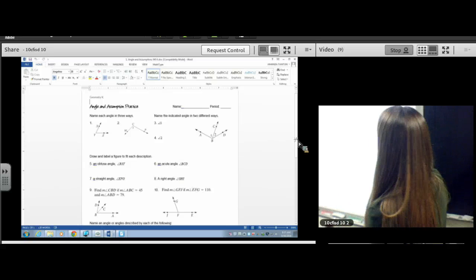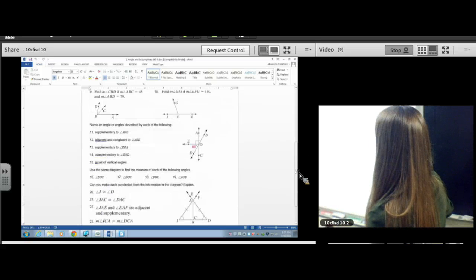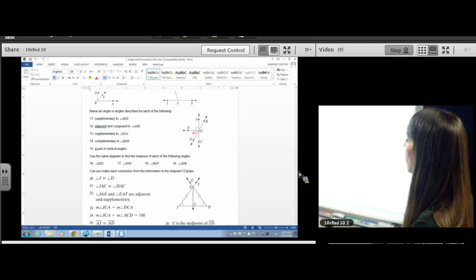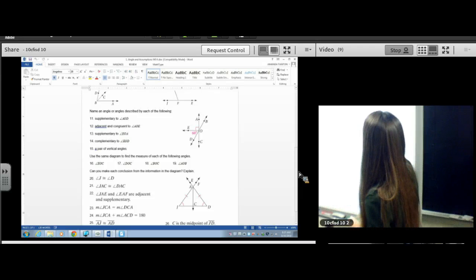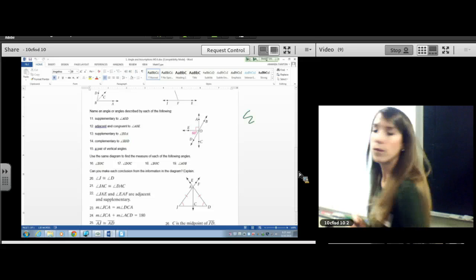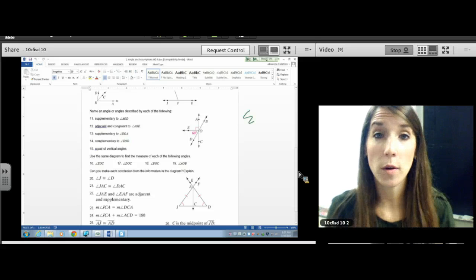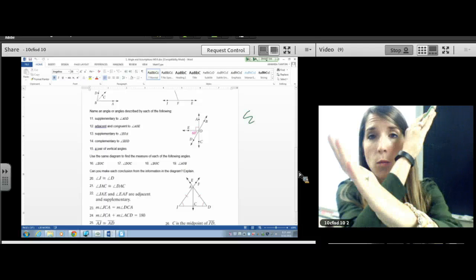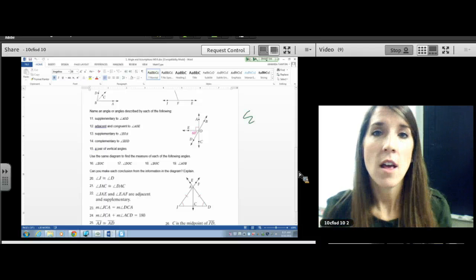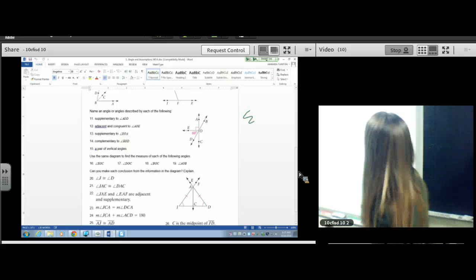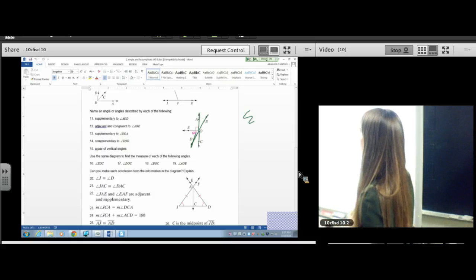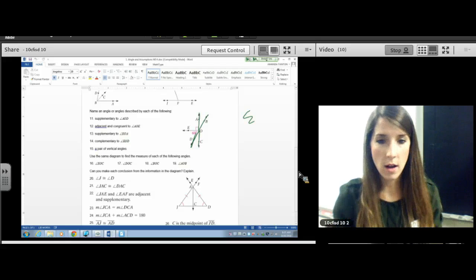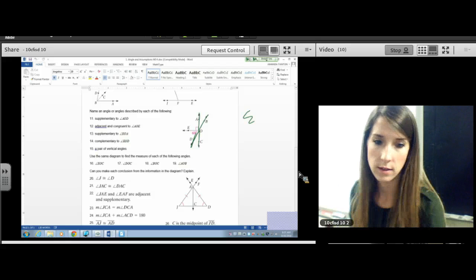Number 15, name a pair of vertical angles. So remember, vertical angles are angles formed when you have the letter X. When you have 2 lines crossing, that's when you get vertical angles. So an example would be AOB and DOC. That's one pair of vertical angles, those green ones.